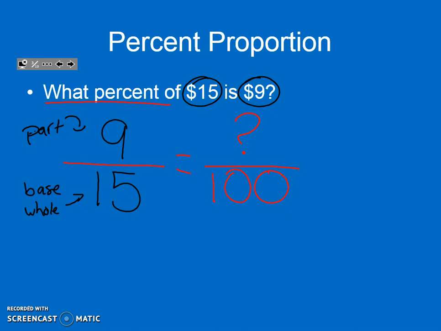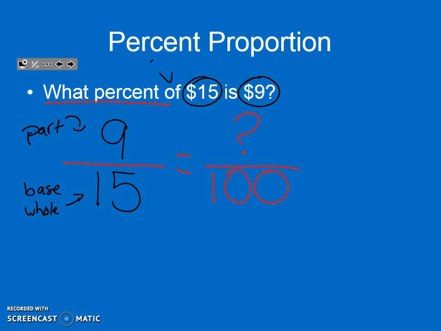Now, a common misconception, I don't want you to always think that the part is smaller than the whole. You'll learn more about this in 7th grade, but I want you to focus on this. The part is not always smaller than the whole. So in the question, what percent of $15?